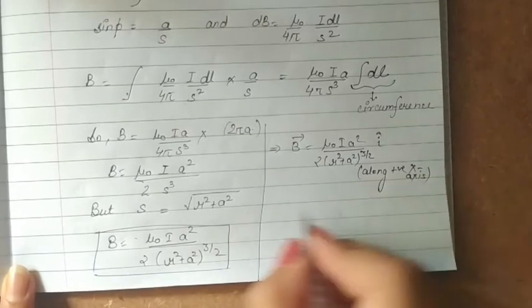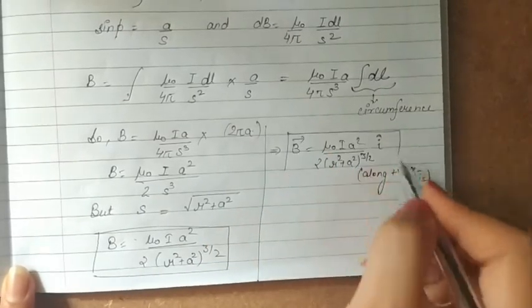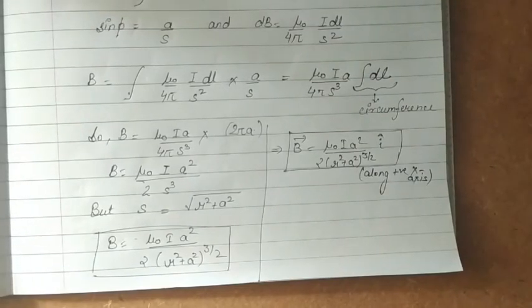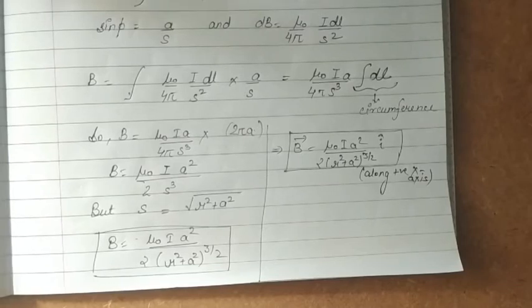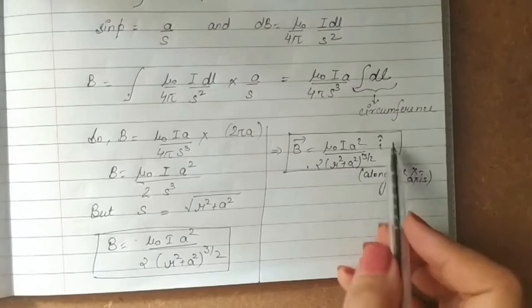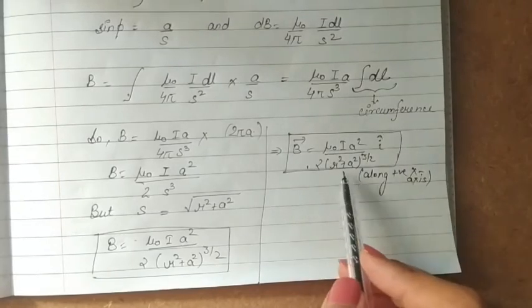All right. So this was the case when we have a single loop, meaning this is the magnetic field because of a single current loop at its axis. If we have a coil that consists of n turns, then this value becomes n times the value that we get from a single loop.